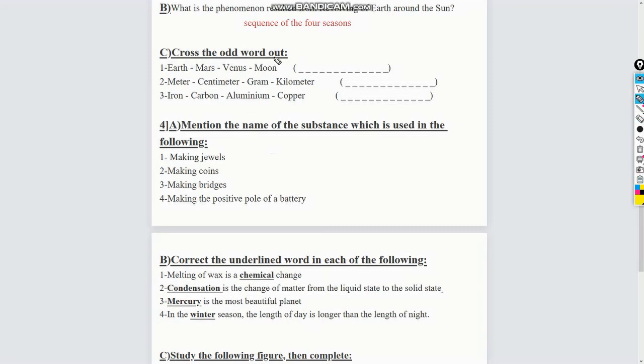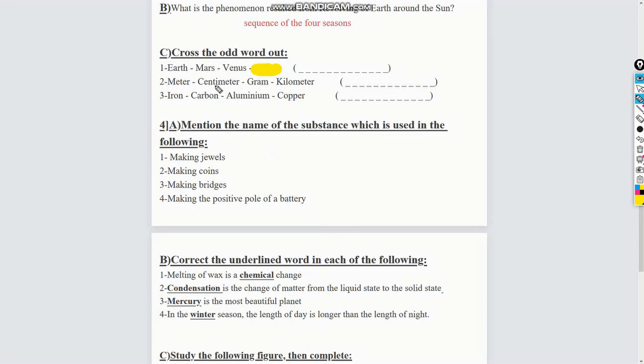Cross the odd word out. Earth, Mars, Venus, Moon. Earth is a planet. Mars is a planet. Venus is a planet. Moon is not a planet. Second question. Meter, centimeter, gram, kilometer. Meter is used for measuring length.